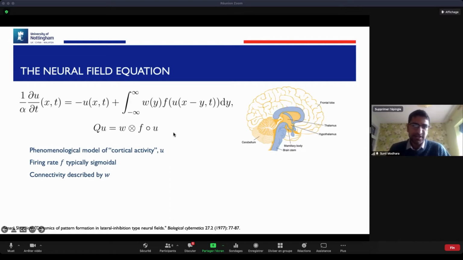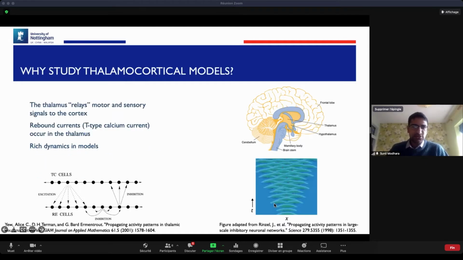And it can be written in this succinct form here, where this firing rate is composed with the activity U. While it does a good job of modelling cortical activity, it falls down when modelling so-called subcortical structures, such as the thalamus. And this is what my work is focused on.